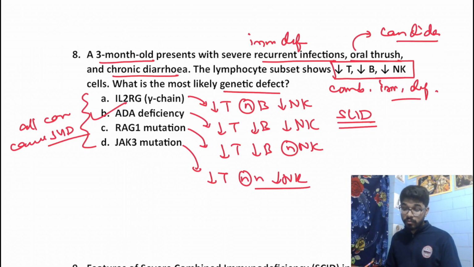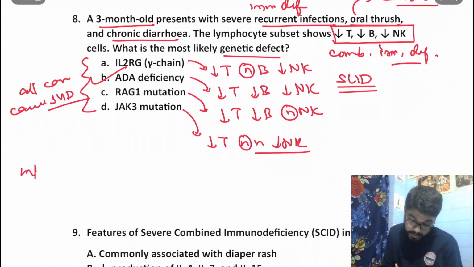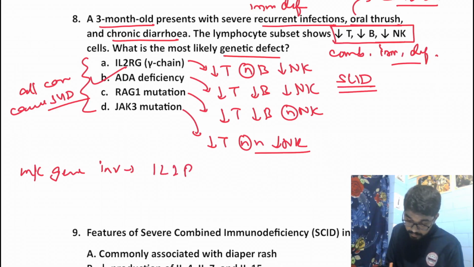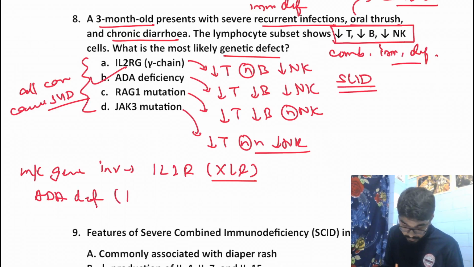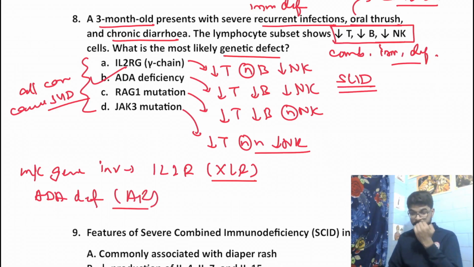We won't go with the most common answer, because the most common gene involved is the interleukin 2 receptor, right? Which is inherited in an X-linked recessive fashion, right? ADA deficiency is the second most common and is autosomal recessive. Okay. We won't be marking it as option A because interleukin 2 receptor gene is most common, right?